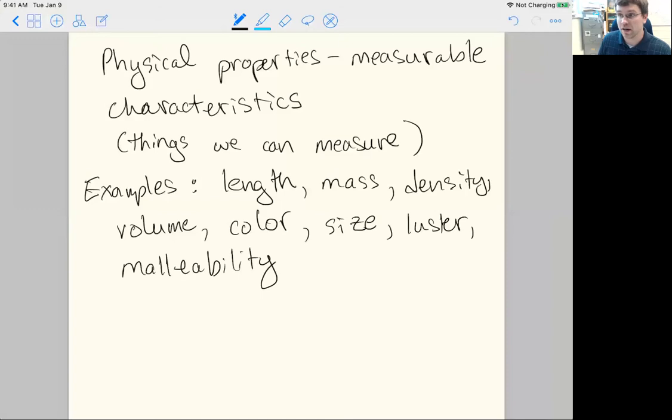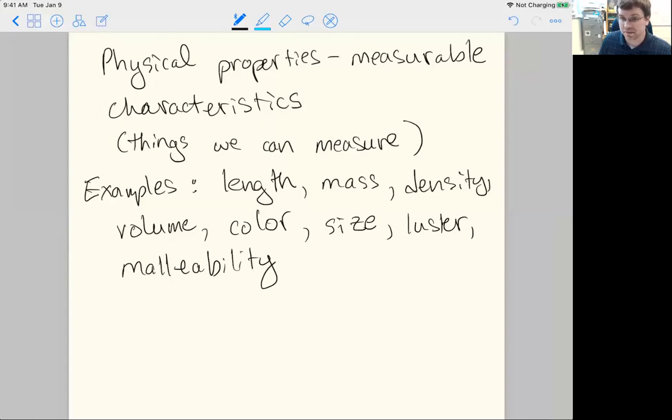Those are two other ways to measure the size of something. Length is how long it is, volume is how much space it takes up. We can even have a ratio of those things, which is density, and we'll get into density in a second. Mass is another thing related to the size of something.